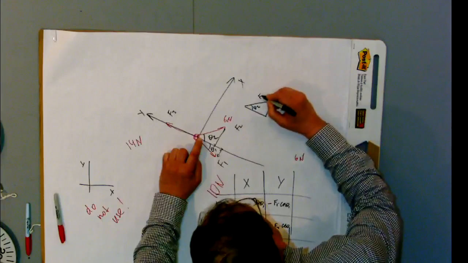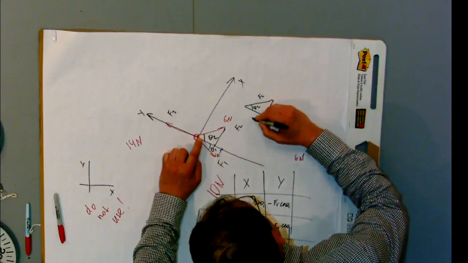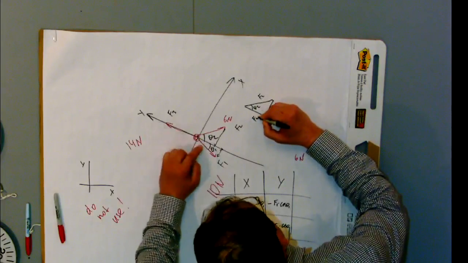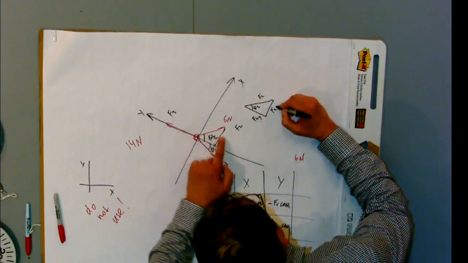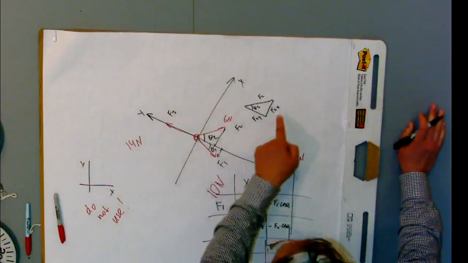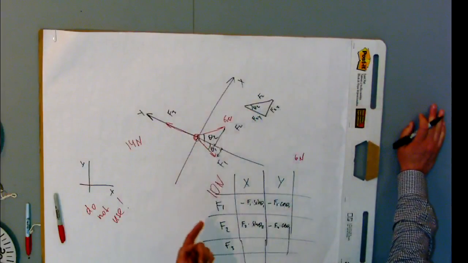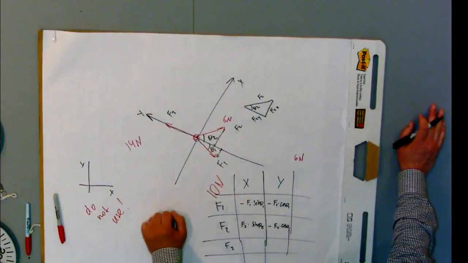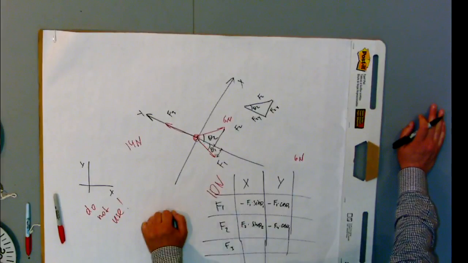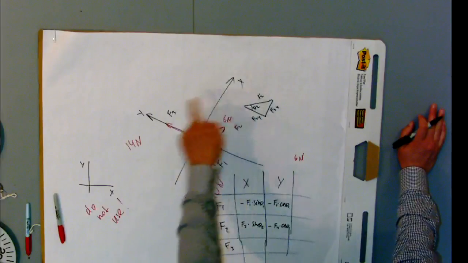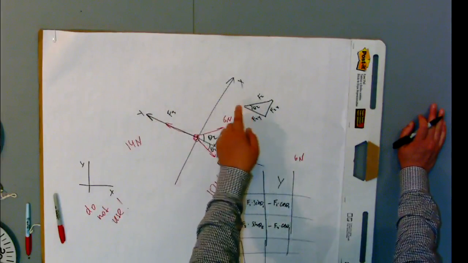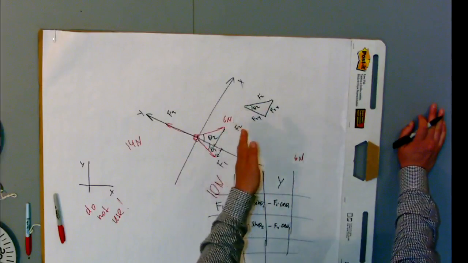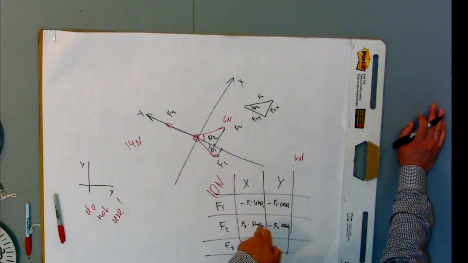F2y is opposite, so I have to use sine. That's just a matter of actual labeling. I could call this y and not x, for example. But every time we use a triangle, we just have to use the triangle wherever it tells us. We just have to write it here.